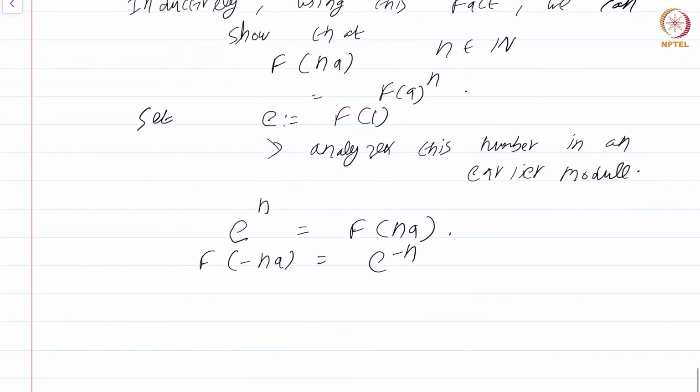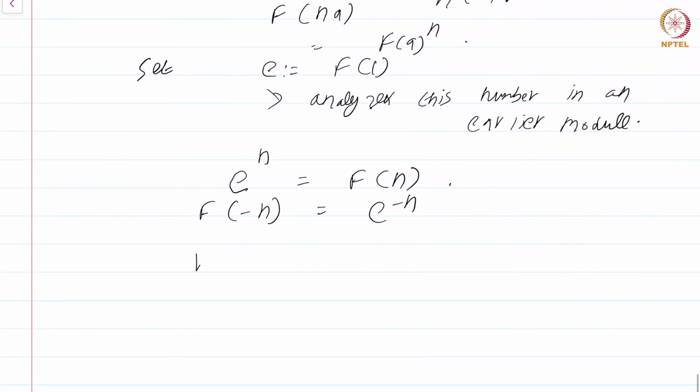So what we have got is, at least for certain quantities, just a moment, there's no a in these equations. Sorry about this, but e power n is f of n and f of minus n is e power minus n.